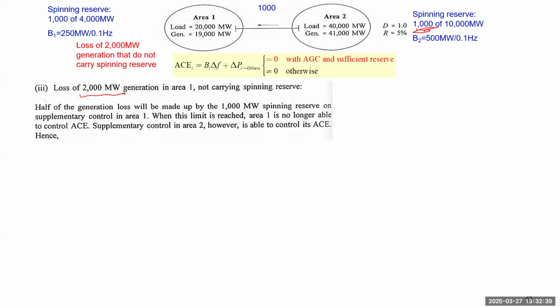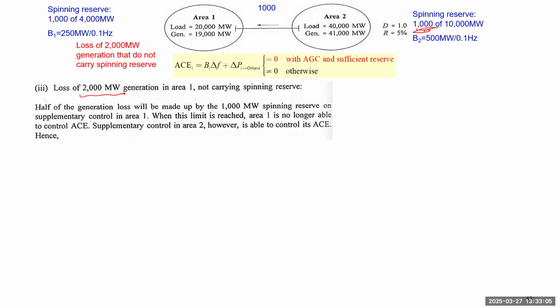But area 1 is different. Area 1 has a loss of 2,000 megawatt generation, but it only has 1,000 spinning reserve. So when it increases the generation to reach the limit, the AGC governor control stops there. So at the end, area 2 has ACE eliminated to 0, but area 1 cannot.